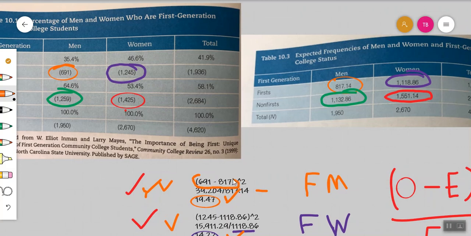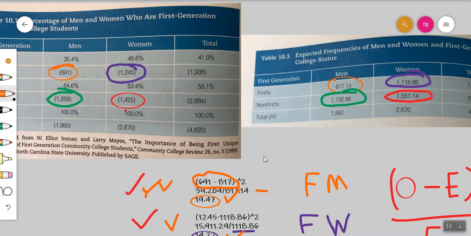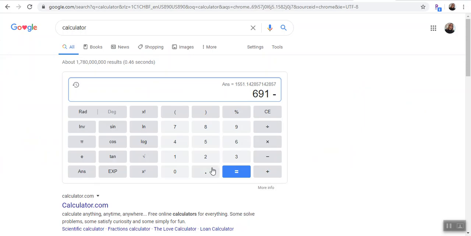The observed in this case was 691. 691 minus 817, and this is for first generation men, equals negative 126.